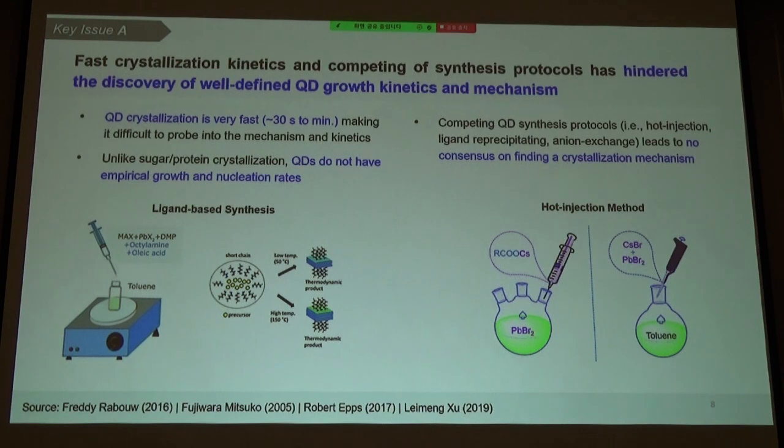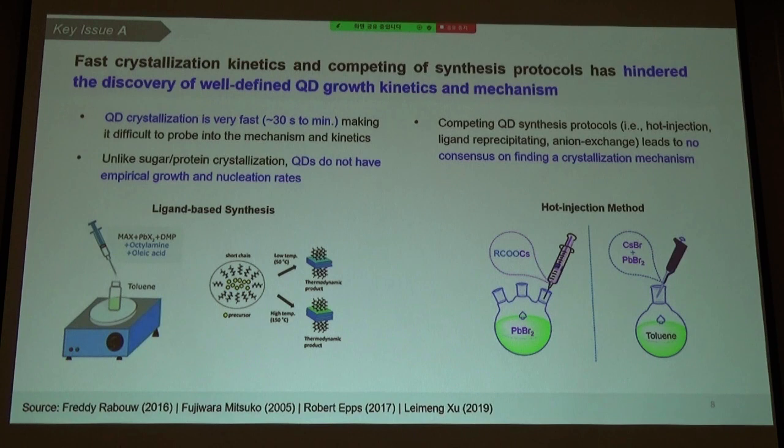There are many different ways to synthesize it. When you talk to different groups of people, they may have different schools of thought. One may use the hot injection method, and some others may use a different method. In my view, that's one of the great obstacles in developing kinetics, because the different synthesizing approach will definitely affect the underlying kinetics.